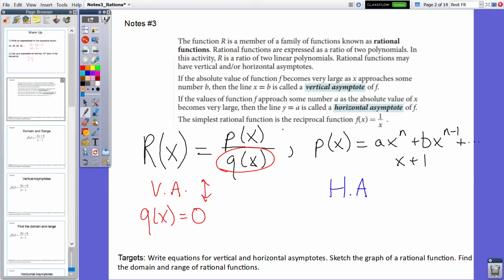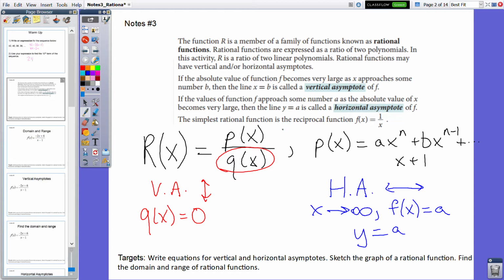So our horizontal asymptotes are this right here. It's basically a theory that says as x approaches some very large number, that function is going to be equal to some number a. That means that there's a horizontal asymptote at the value y equals a. We'll talk about that in limits in a little bit here.